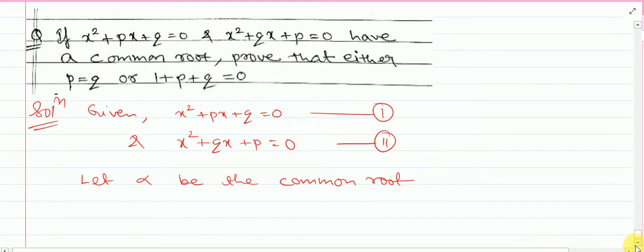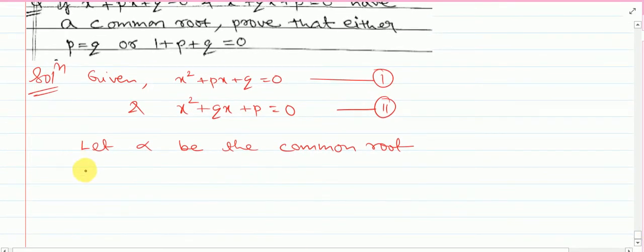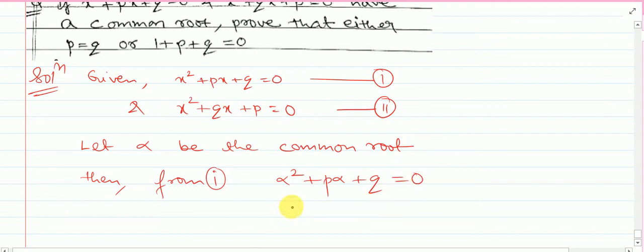So let alpha be the common root, then from 1 you will have alpha square plus p alpha plus q is equal to 0, and from 2 you will have alpha square plus q alpha plus p is equal to 0.